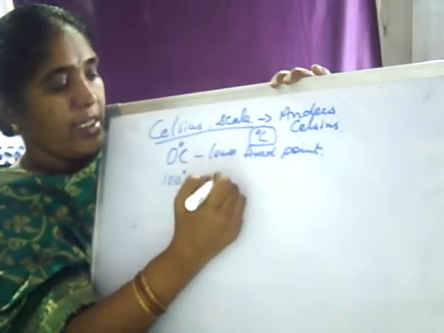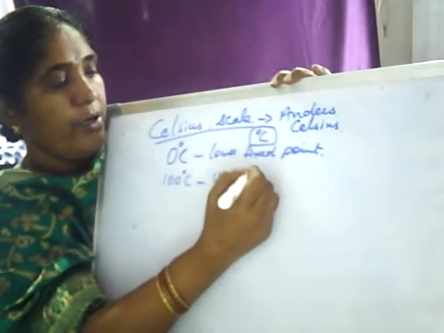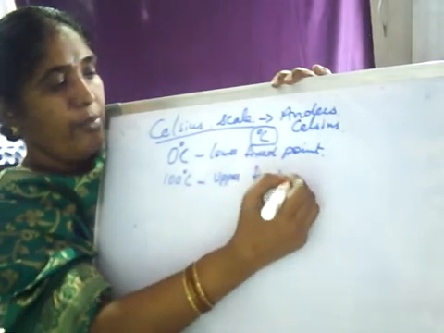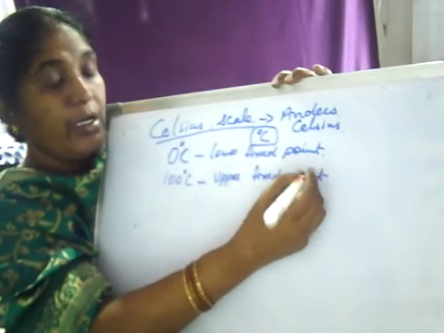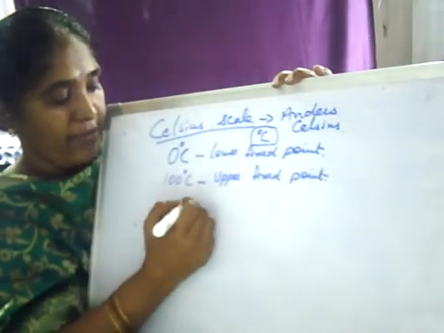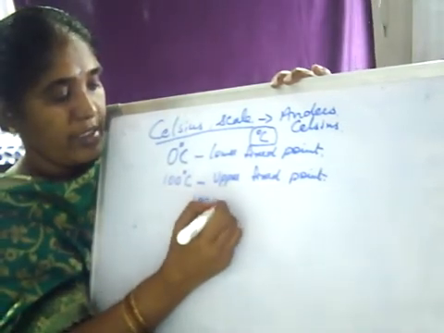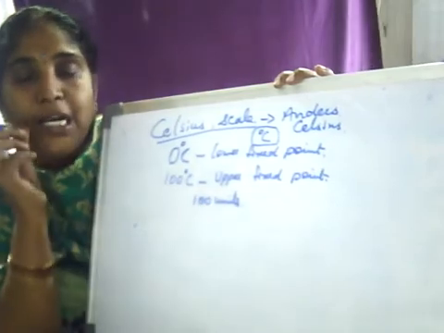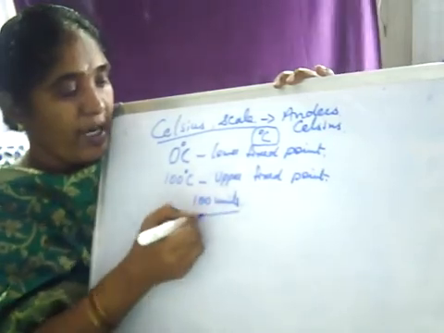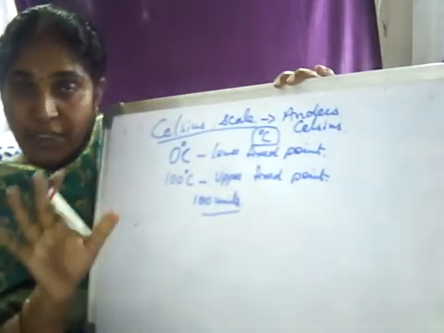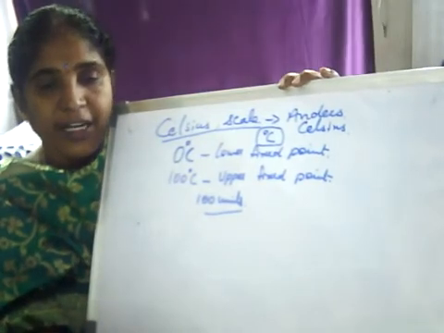That becomes the upper fixed point. In between, you have 100 units. That is your Celsius scale.